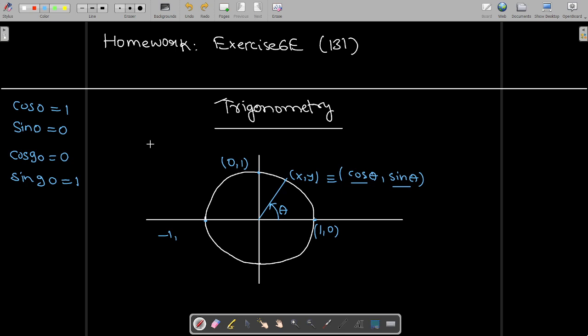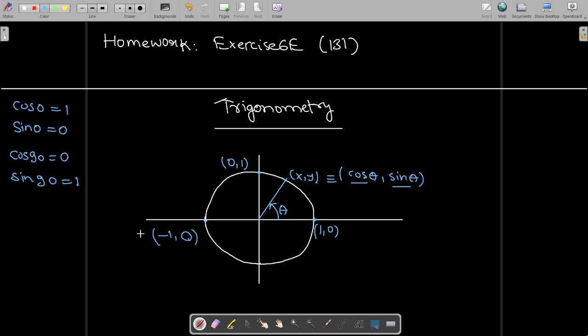Tell me, from here what can we conclude? What's the theta for this point? It's 180.